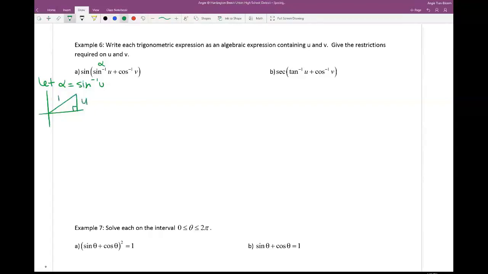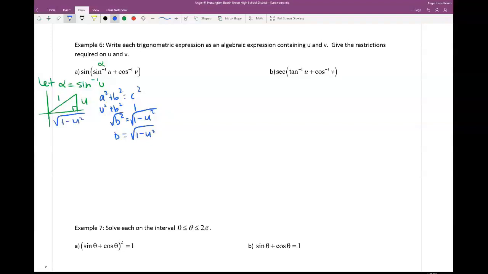So I have to do a little bit of work to find the adjacent. Okay, so it's going to be a squared plus b squared equals c squared. Well, c squared is 1. A squared is, let's say, u squared plus b squared. So I'm going to solve for b. So b squared equals 1 minus u squared, square root. So as you can see, b is square root of 1 minus u squared. Now, I know because I put it in quad 1, everything is going to be positive.